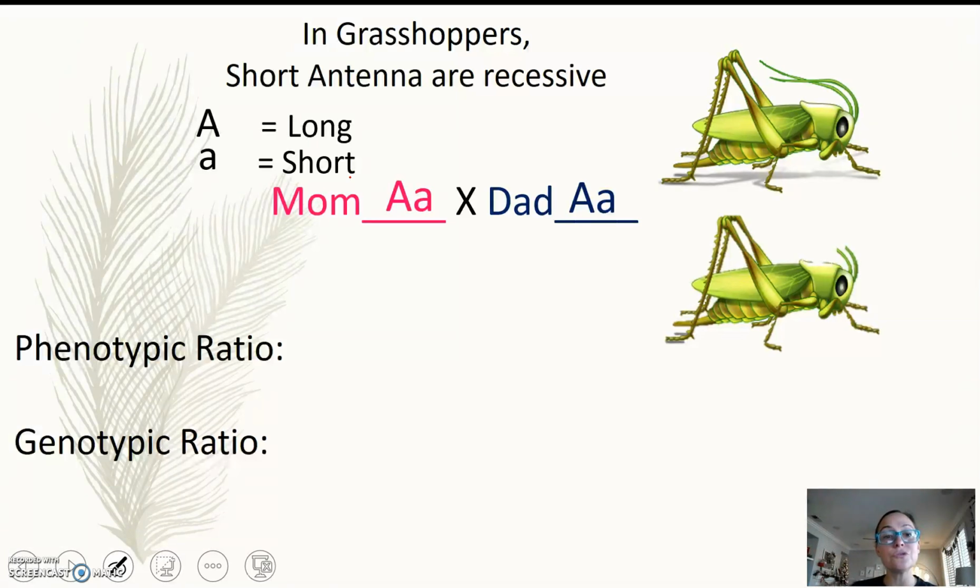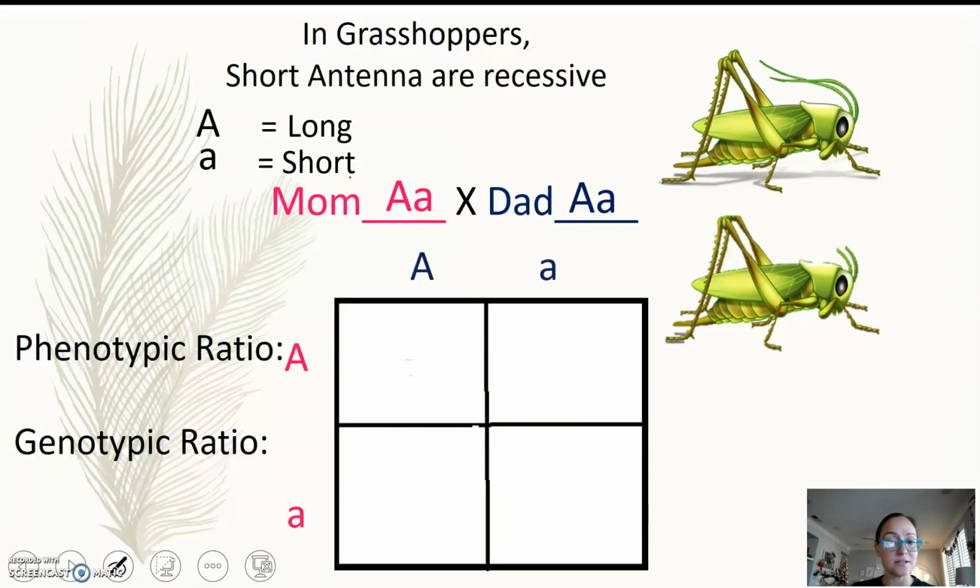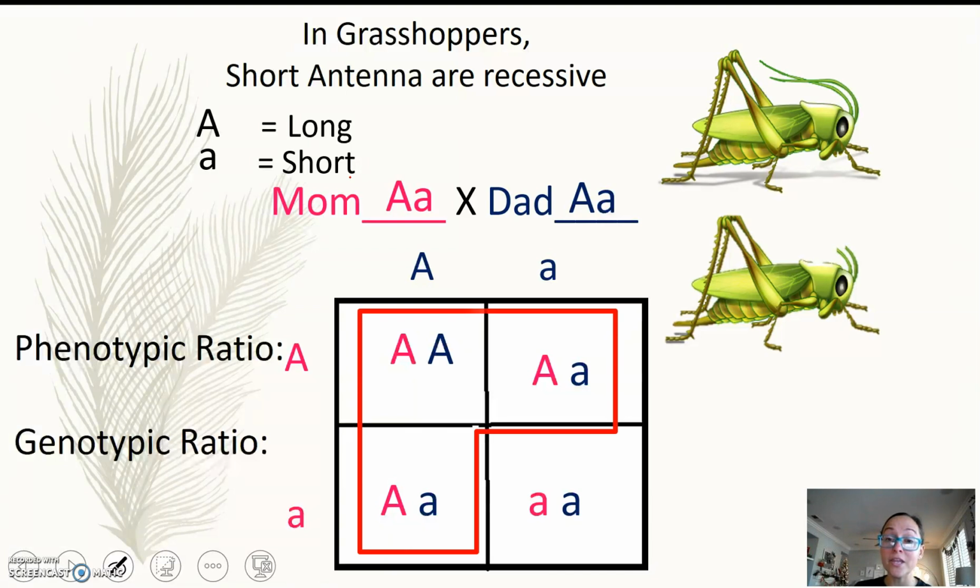So here I have 2 long antenna parents who are both heterozygous. When we do their Punnett square, we can see that they have a 75% chance of having a kid inheriting long antenna as its phenotype. So here the phenotypic ratio is for every 3 long antenna, there's 1 short antenna. So 75% probability versus 25% probability of short antenna. So we write this phenotypic ratio as a 3-to-1.